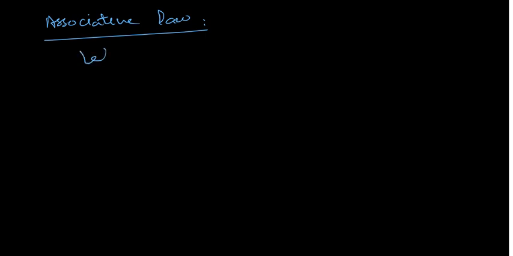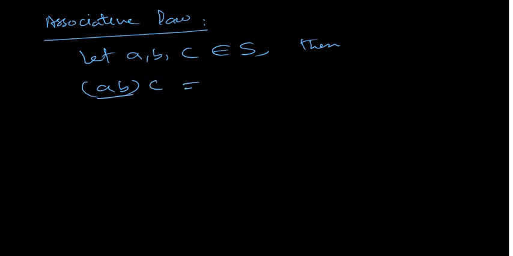To check the associative law, you take three elements a, b, c in the set S. Then (ab)c: the product of two elements is equal to the first element by definition, so ab is a, and again ab is a, so (ab)c is equal to a.